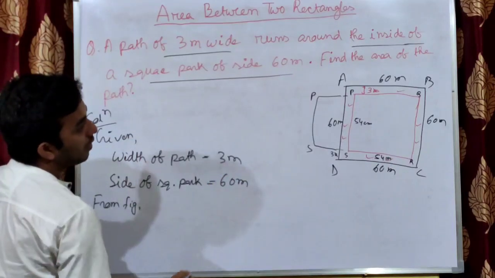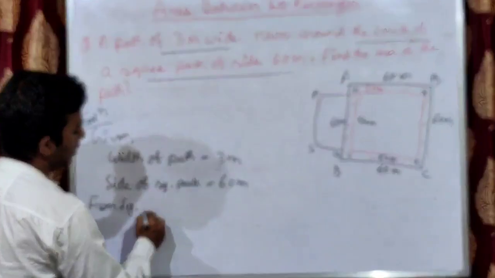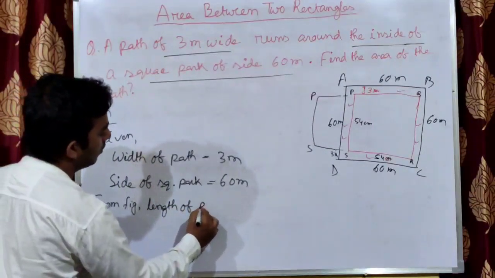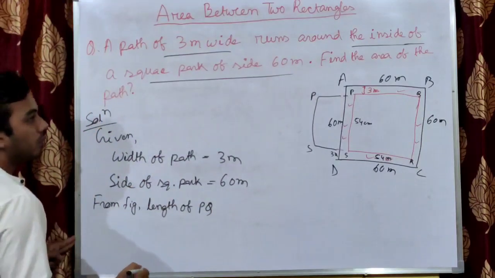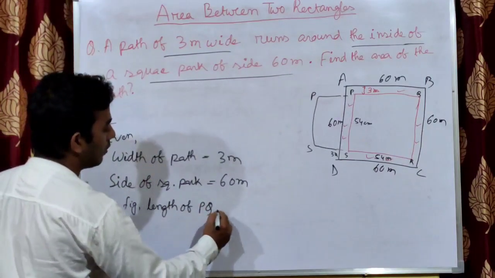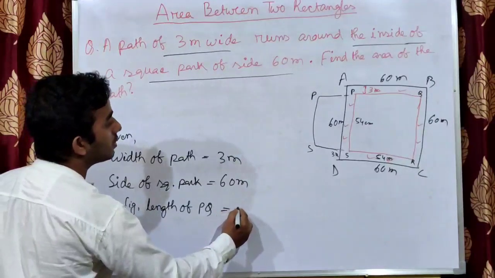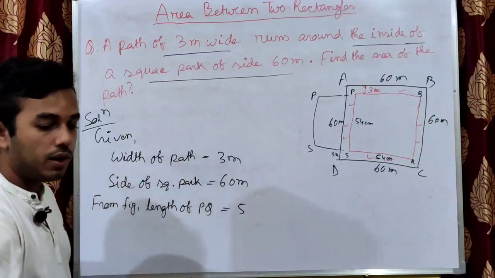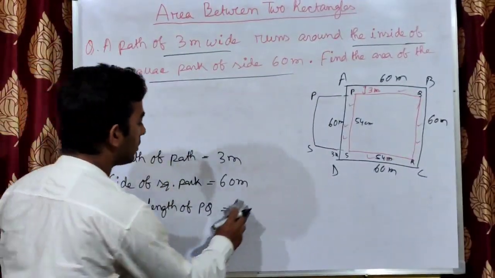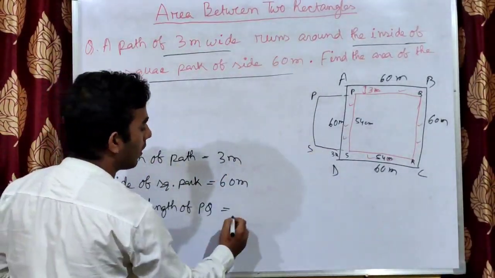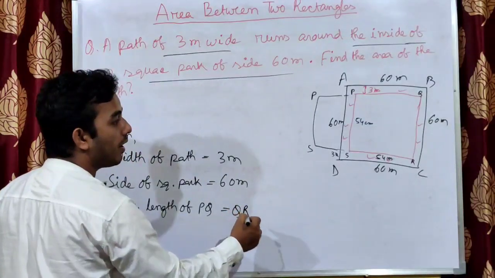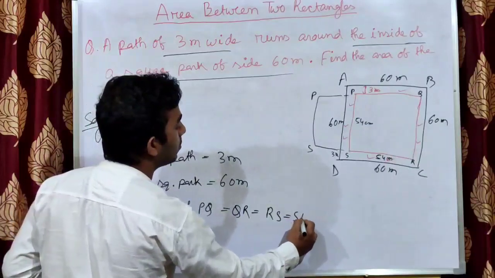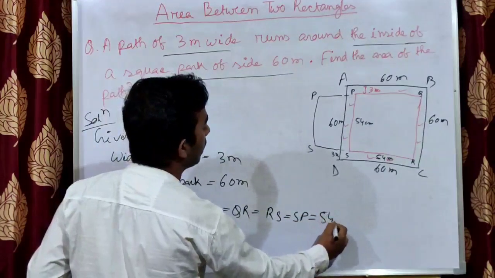length of PQ, right? Length of PQ equals 54 meter. We will write like this: length of PQ equals QR equals RS equals SP equals 54 meter, because this is a square, right?